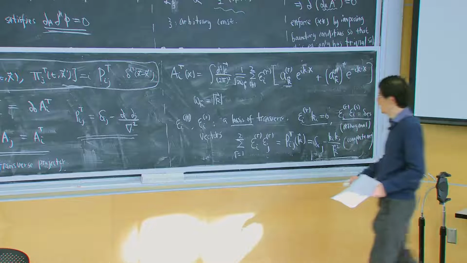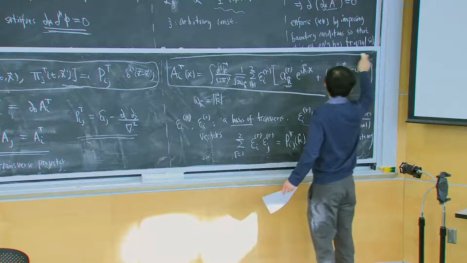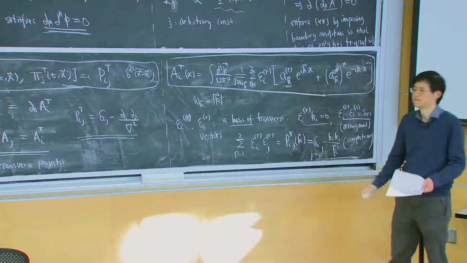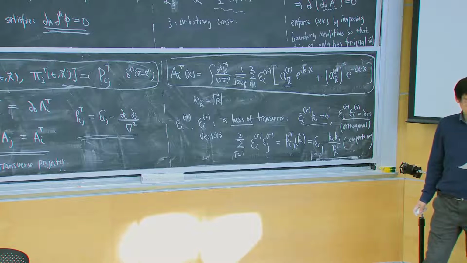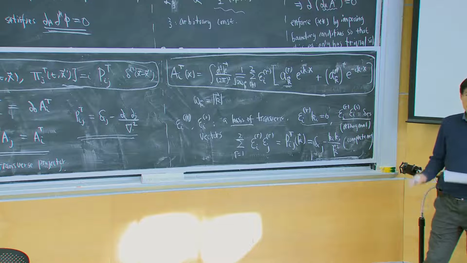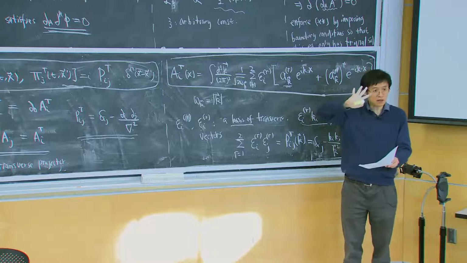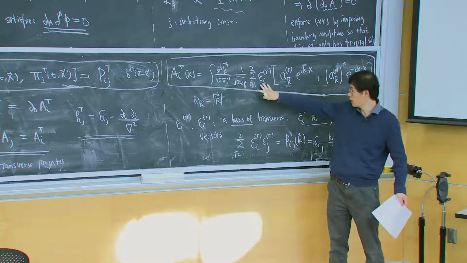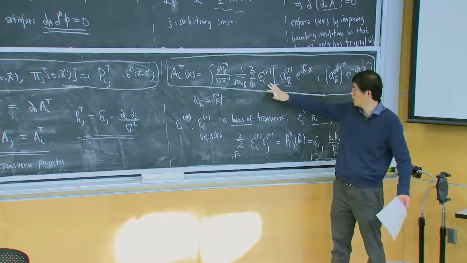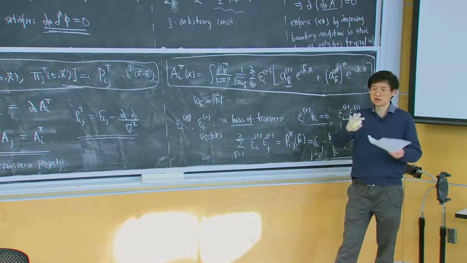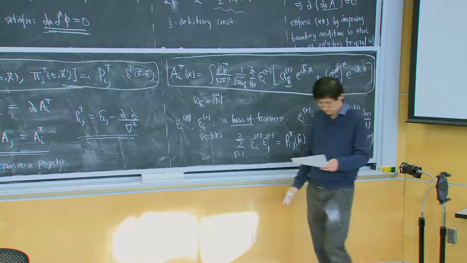So now this is the expansion for A_i. The only difference from the scalar case is that now you have two independent vectors, so we have allowed a general polarization. I have parameterized the general solution using two independent polarization vectors.